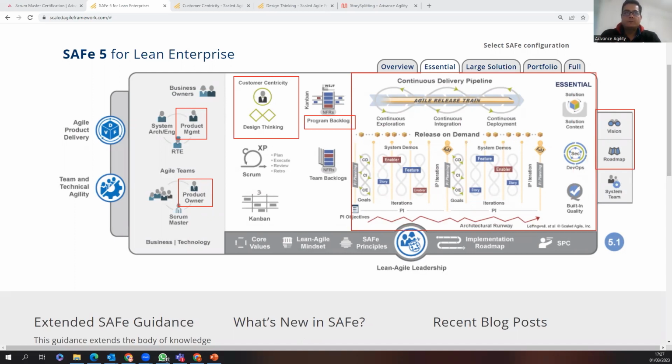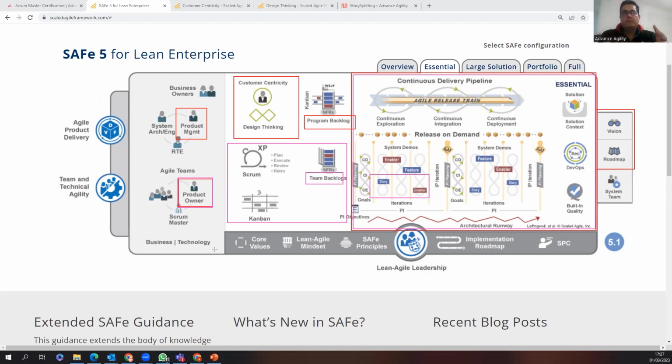While the product owners, if you see, are mostly team focused. They are focused on the team backlog, where in the team backlog we have stories and enablers, and they have a shared responsibility for the execution, and they contribute towards vision and roadmap instead of creating vision and roadmap. So that is the main difference between product management and product owner in roles and responsibilities when we go to SAFe.